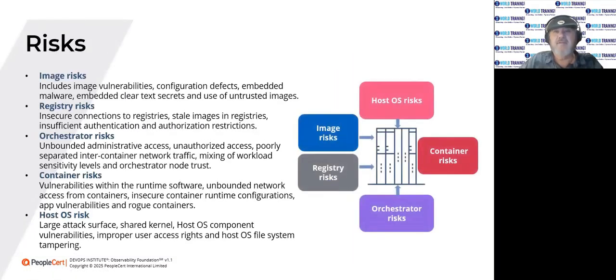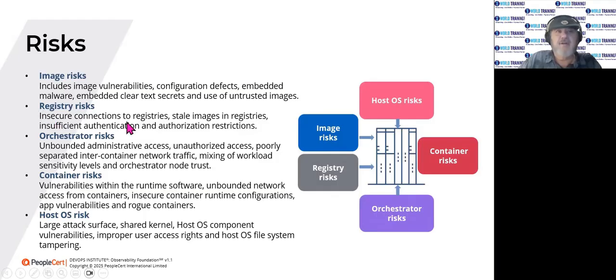There's plenty of risks around containers and images. The image risks may include vulnerabilities in the image, configuration defects of the container, embedded malware, embedded clear text secrets, and use of untrusted images, which are typical vulnerabilities that can occur. And also registry risks.